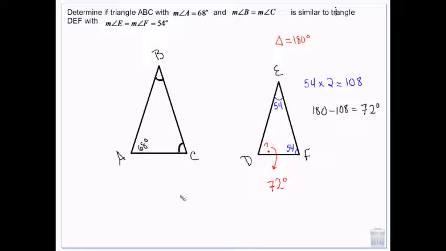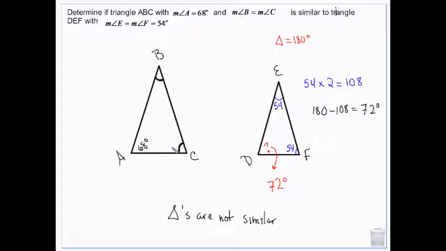No. So the triangles are not similar. Well, because we'd have to have, this was 54 and 54 and 72. This is 68. 68 doesn't match any of those numbers. Right. They have to all match, all three.